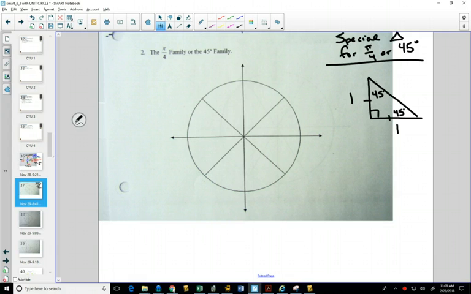If you do a squared plus b squared equals c squared, what's the length of the hypotenuse? Square root of 2. And if we have the square root of 2 there, we now have enough information to figure out what's sine of 45 degrees, what's cos of 45 degrees, and what's tan of 45 degrees.